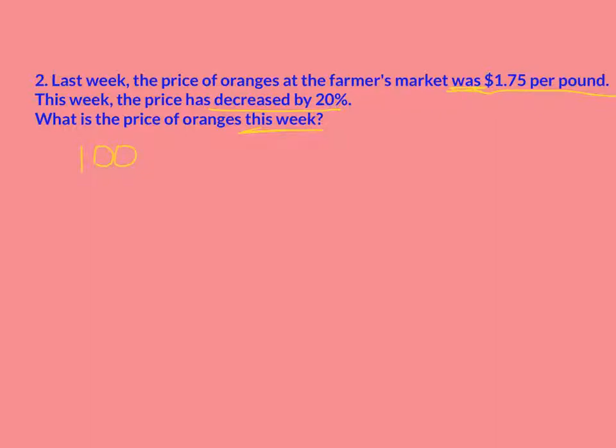So the 100 is our original. We're told that it's decreasing by 20%, so that means going to subtract 20 because it's a decrease. I know that 100 minus 20 is 80, and this is the new amount.